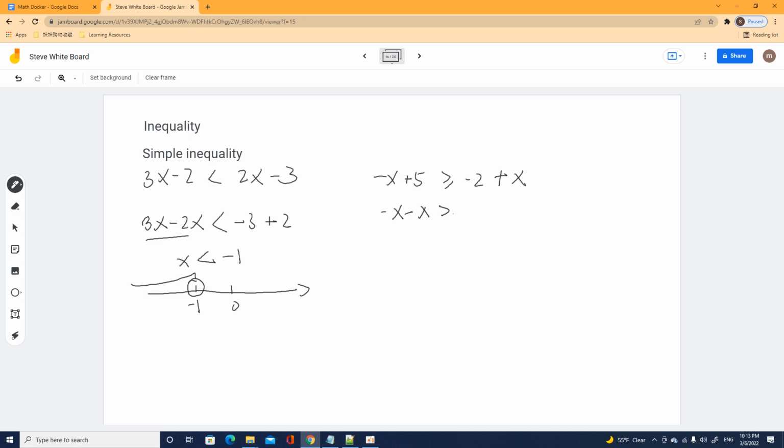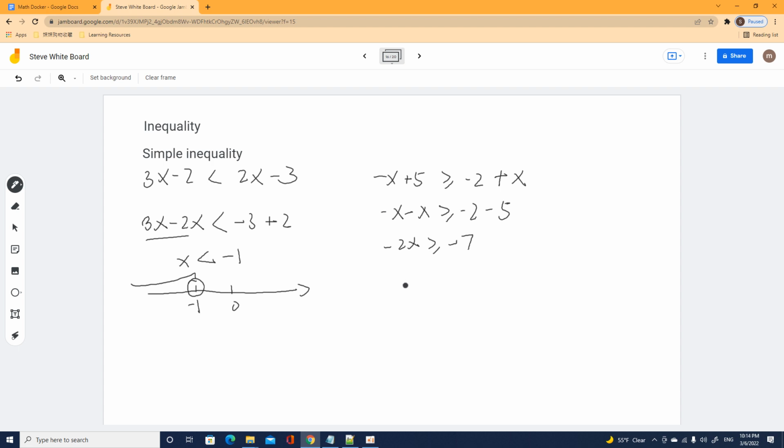When you move the 5 to the left side, it becomes negative 5. Now we need to divide both sides by negative 2.